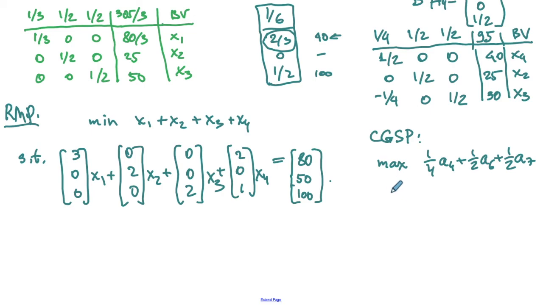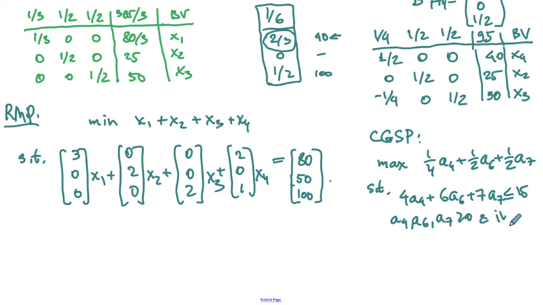And then of course we have the feasibility for the pattern given by 4 times a4 plus 6 times a6 plus 7 times a7 is less than or equal to 15. a4, a6, a7 are non-negative and integer. And we need to solve this knapsack problem in order to figure out if we can add any more columns to improve our current solution.